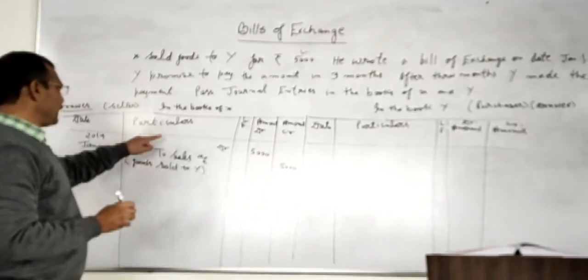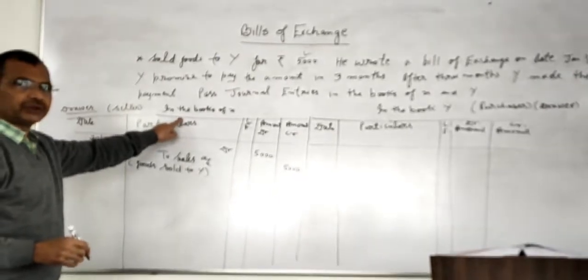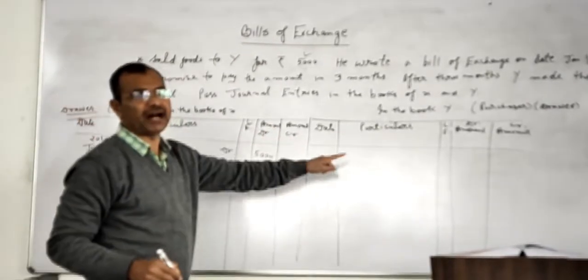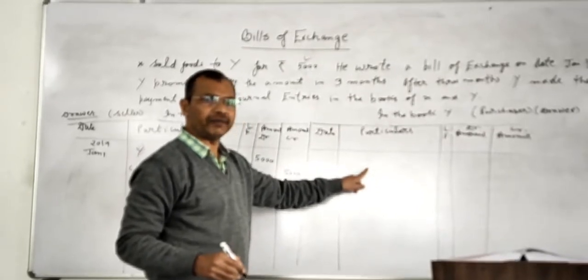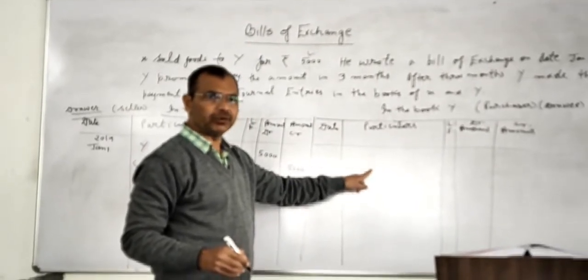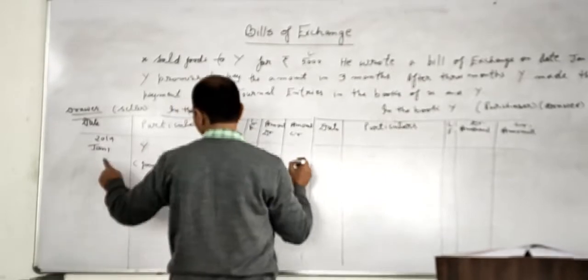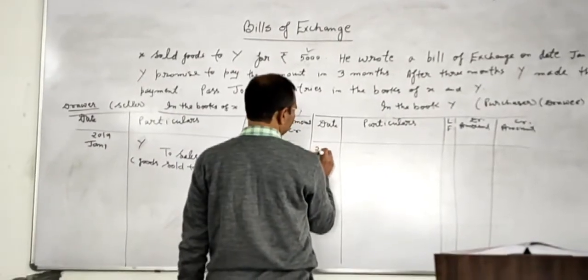When X is selling the goods, who is purchasing? Y is purchasing. So we will pass the entry of credit purchase in the books of Y. The date will be the same.